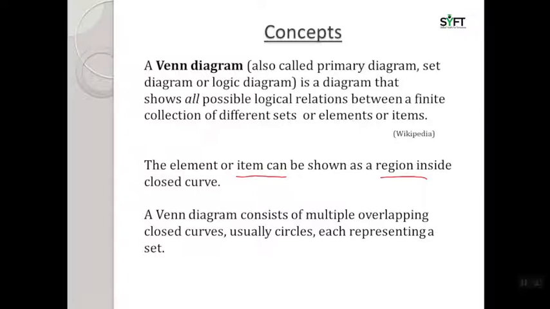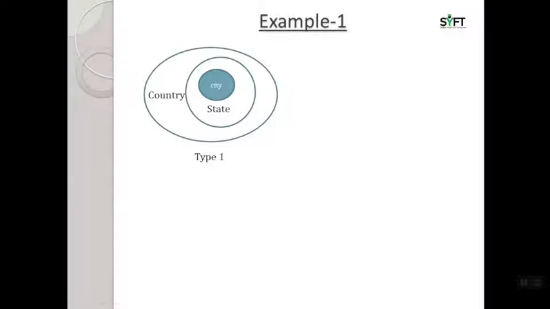A Venn diagram consists of multiple overlapping closed curves, usually circles, each representing a set. And we will see how in nature there are several kinds of Venn diagrams we can conclude or deduce based on the things you choose. In one of these examples, you can see we have three elements: city, state, and country.